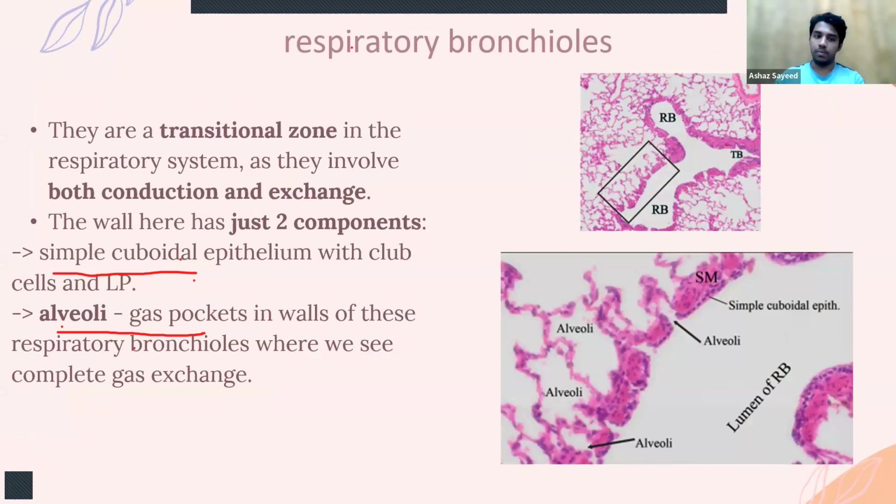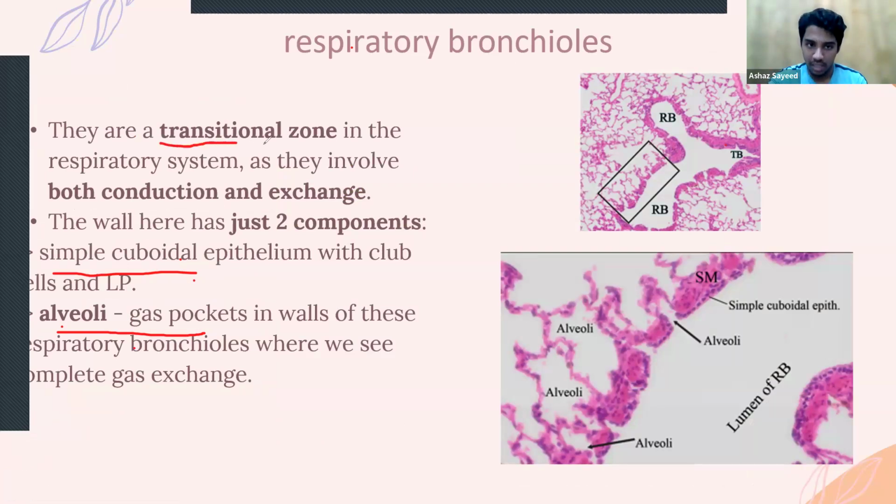This also has been a previous year question: which structure has both air conduction and gas exchange? The answer is respiratory bronchioles. Really important. This has been asked multiple times. There are transitions, because they have both functions.